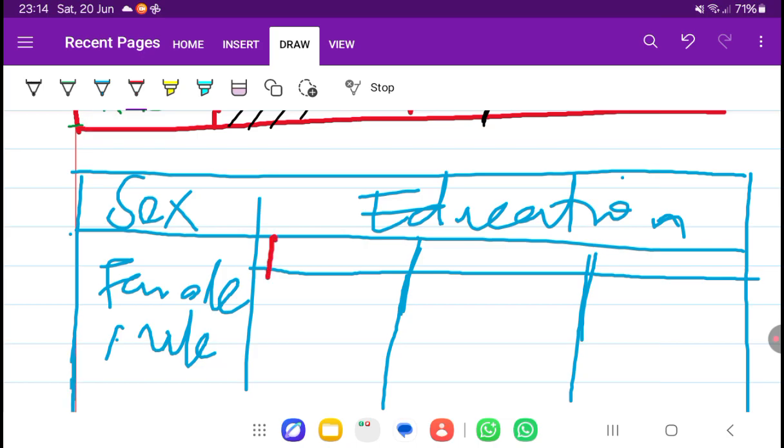So here, if I have primary, this is primary, this is maybe secondary, then this is tertiary.